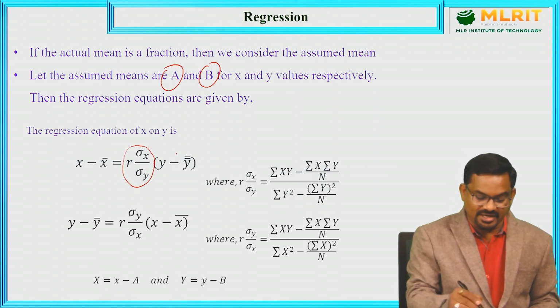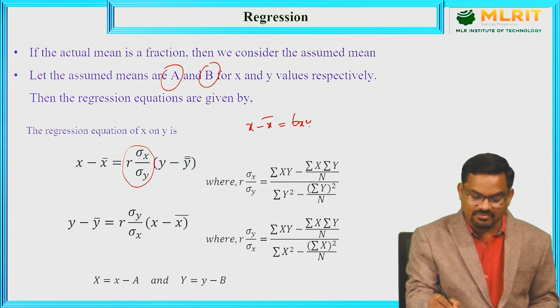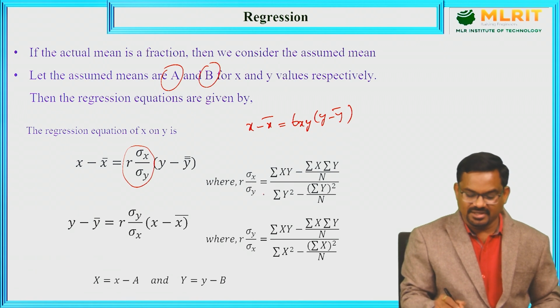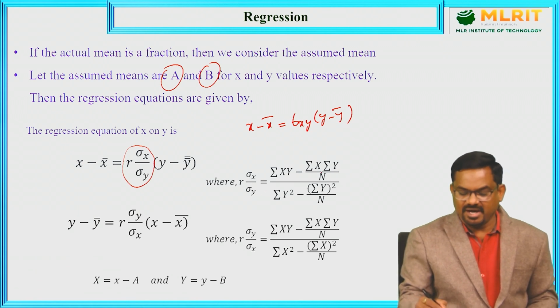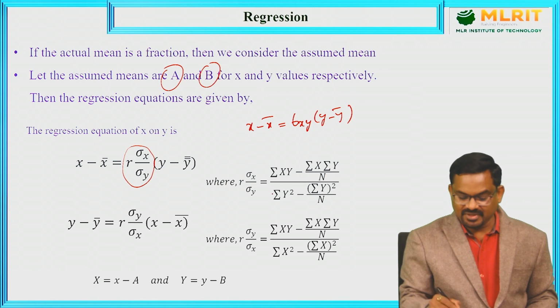We can rewrite this as x minus x bar is equal to bxy into y minus y bar, and that bxy is given by sigma capital X capital Y minus sigma capital X into sigma capital Y by n, divided by sigma capital Y square minus sigma capital Y whole square by n.